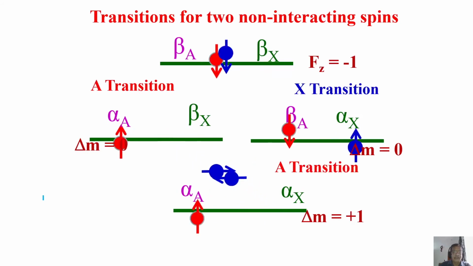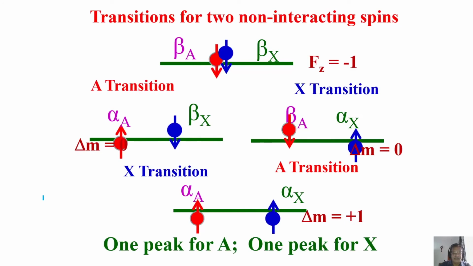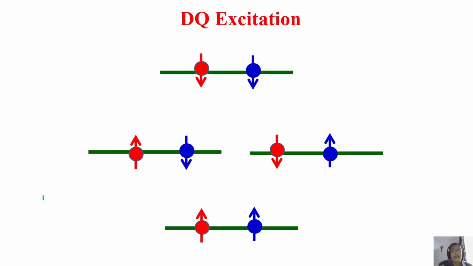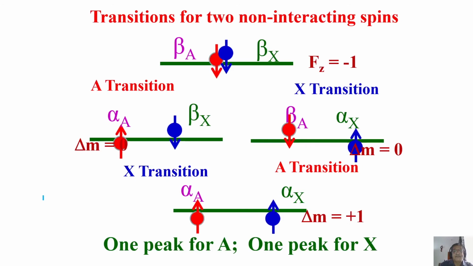And 4 possible transitions, 2 for A and 2 for X. This is what we observed. The 2 transitions of A and 2 transitions of X are overlapping. Remember, we discussed this long ago. So in 2 spin systems which are non-interacting, you get it like this.